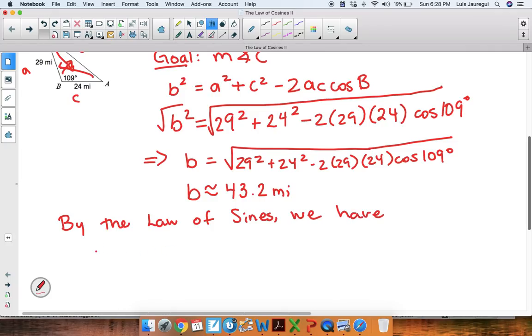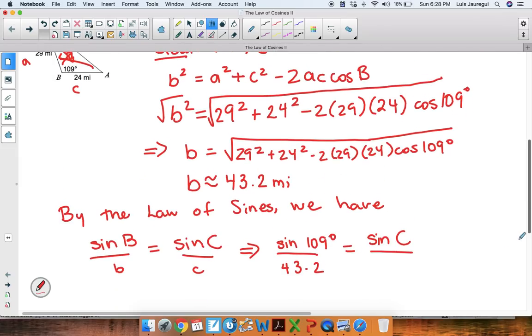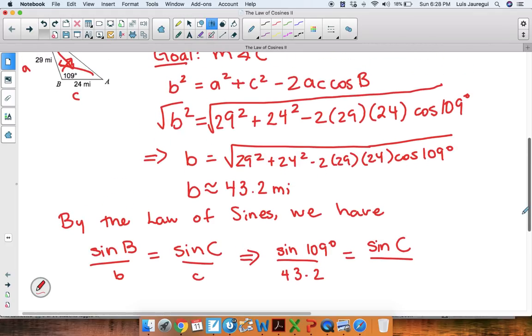We have that sine of B over B is equal to sine of C over C. And then substituting the pertinent information, we have that sine of 109 degrees divided by B, but B we approximated to be about 43.2 miles, is equal to sine of C. We don't know what the value for angle C is yet, so we're going to leave it as it is, over C. Well, it turns out that C is 24 miles, so we can just write the 24 here.